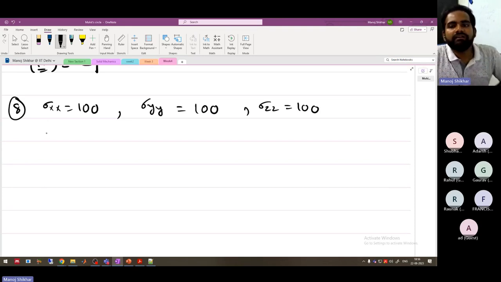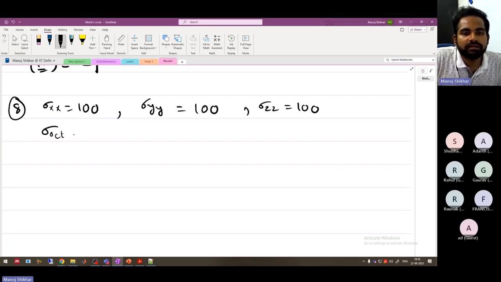So first you find the hydrostatic part. So sigma octahedral, sorry, not octahedral, it will be hydrostatic. Mistake here.